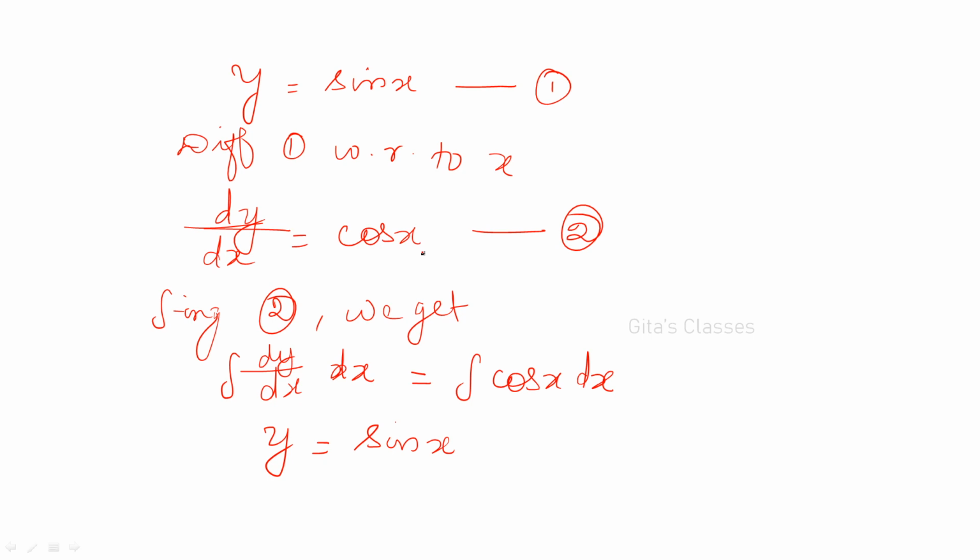Okay. So if the differential equation is formed from the solution just by differentiating, this is an exact differential equation. Okay. 2 is an exact differential equation because it is formed just by differentiating without any further operation, right?